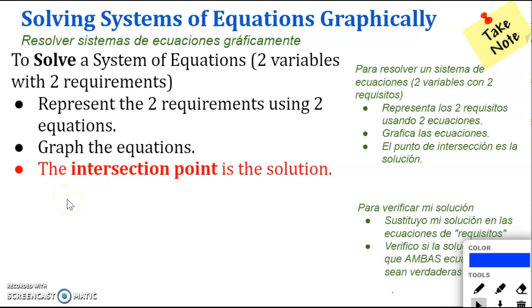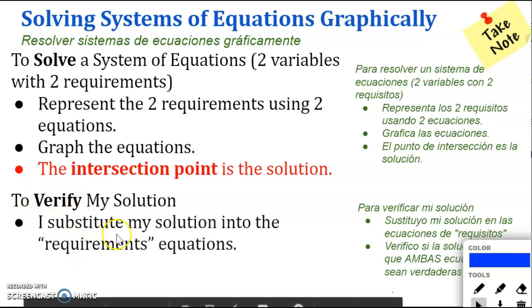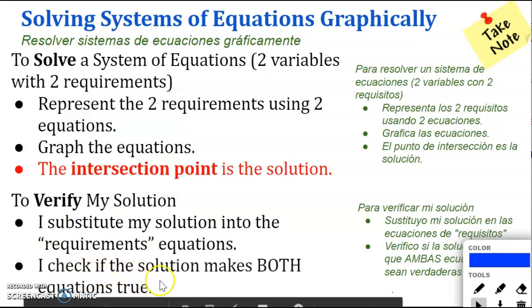The x and y value is the solution. The second part is to verify your solution by substituting it into the requirement equations. The two equations that you came up with, you need to substitute the x and y values into both of them and come up with a true statement, and check if the solution makes both equations true.